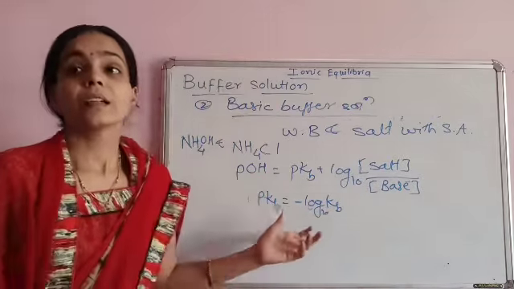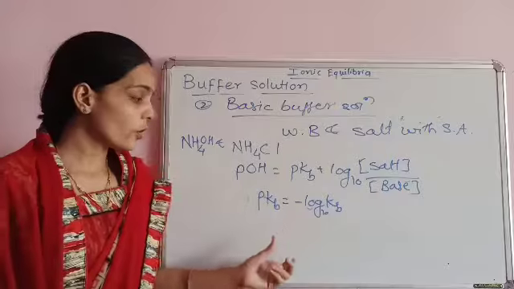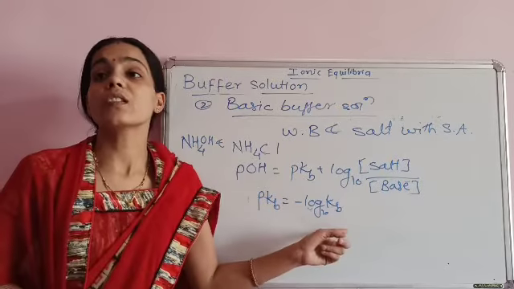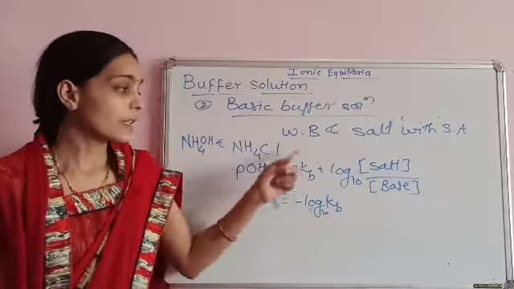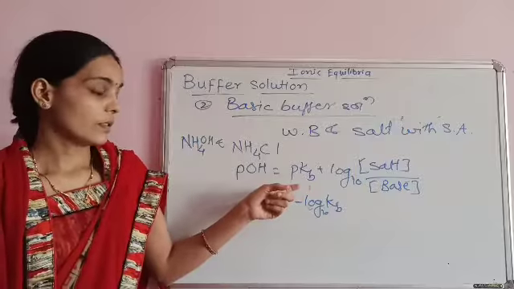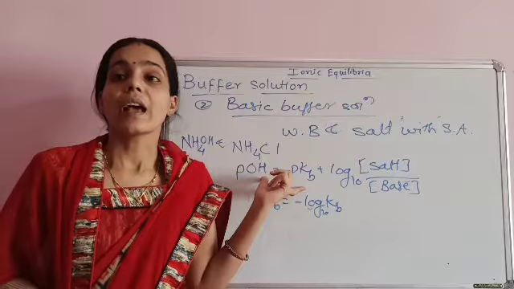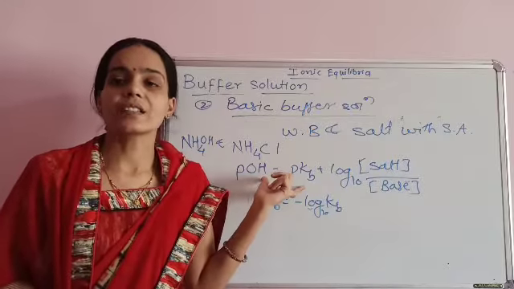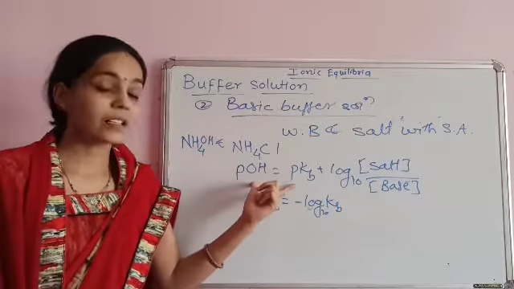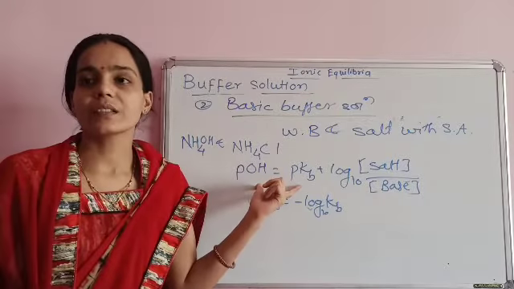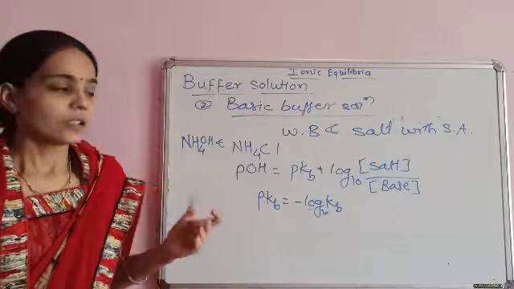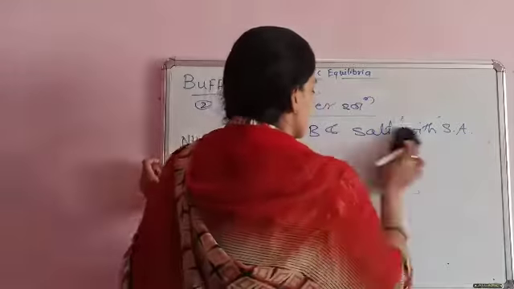Kb is the dissociation constant of the base. These equations are called the Henderson-Hasselbalch equation.